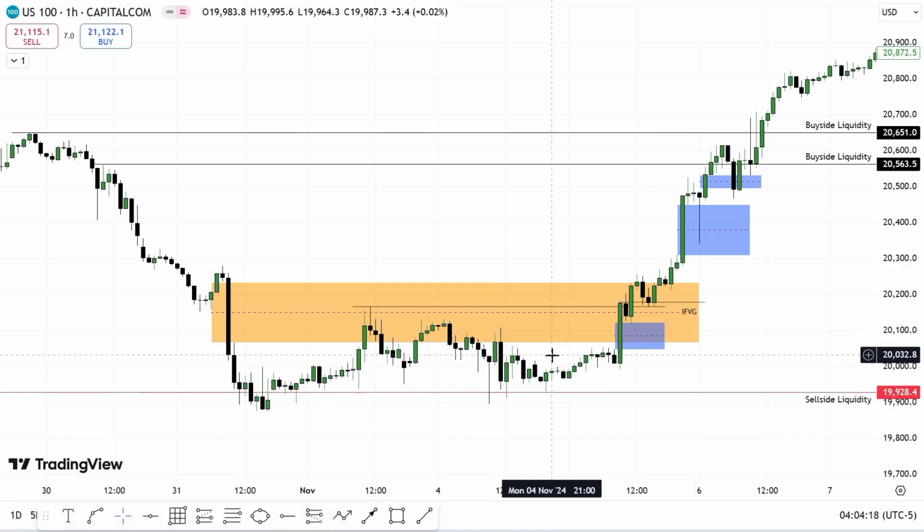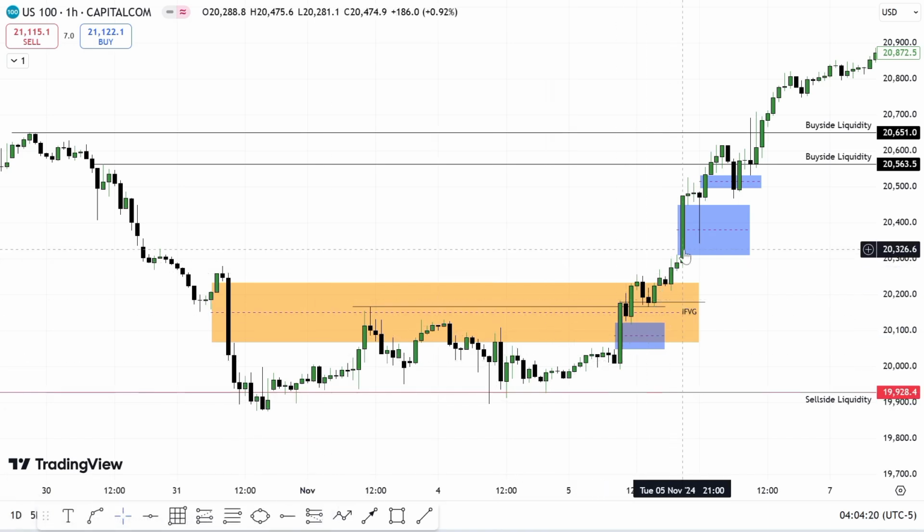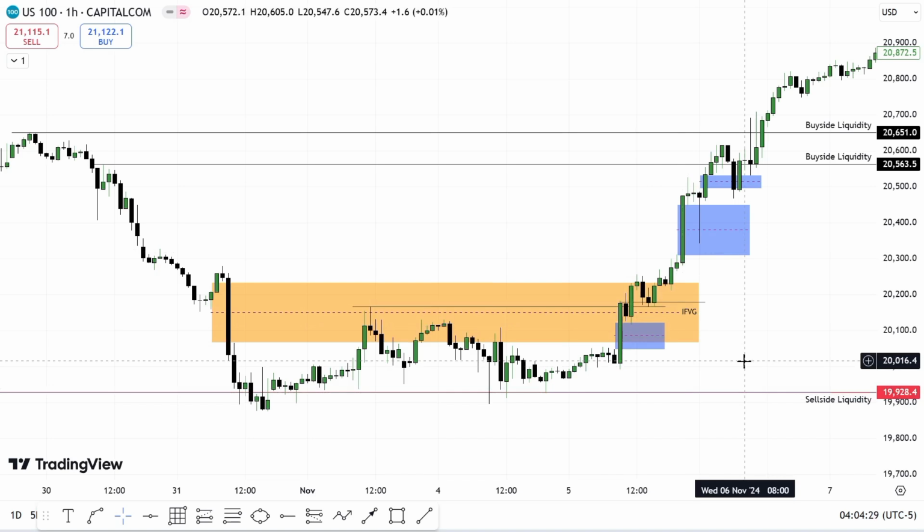So you look at it in a trend following style, following the trend, because these trends are only formed when we have expansion to the upside or expansion to the downside. Once you have expansion to the upside, it creates a bullish fair value gap, which you are to follow. Once we have expansion to the downside, it creates a bearish fair value gap.